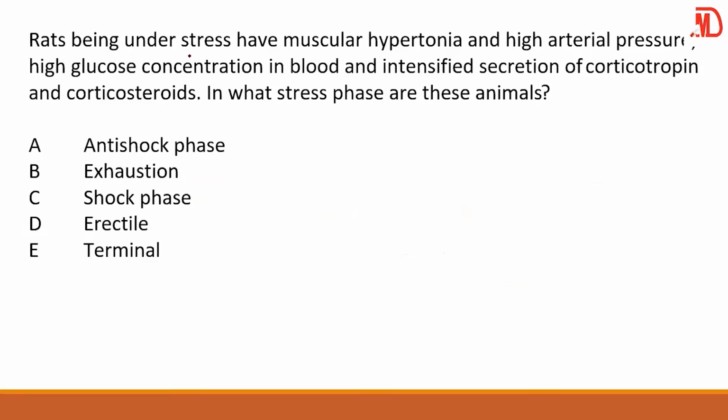A rat under stress has muscular hypertonia and high arterial pressure, high glucose concentration in the blood, and intensified secretion of corticotropins and corticosteroids. In what stress phase are these animals?